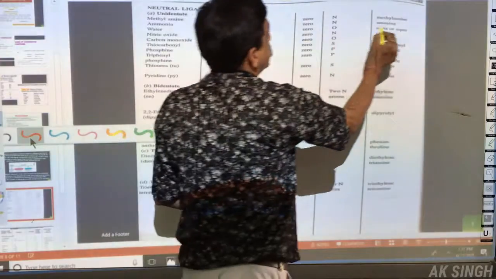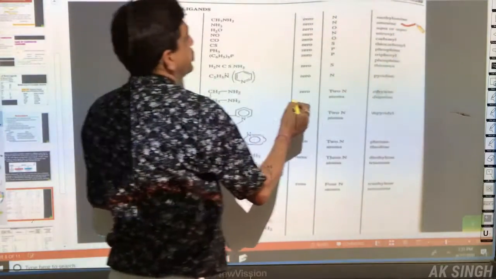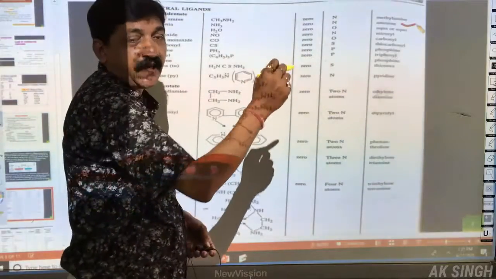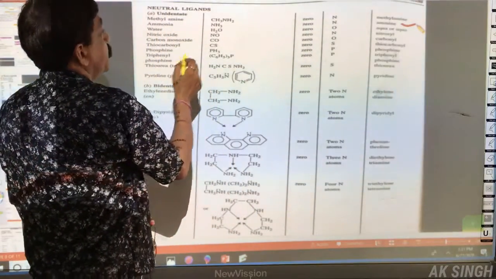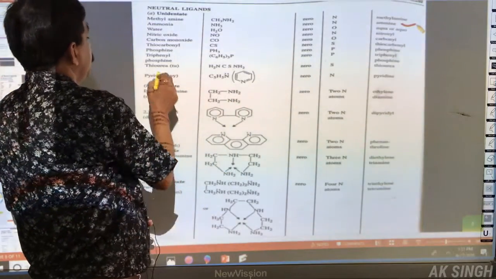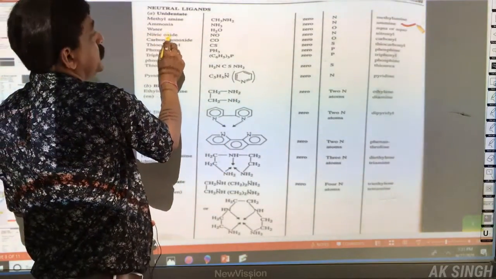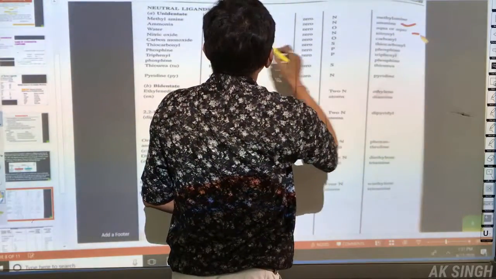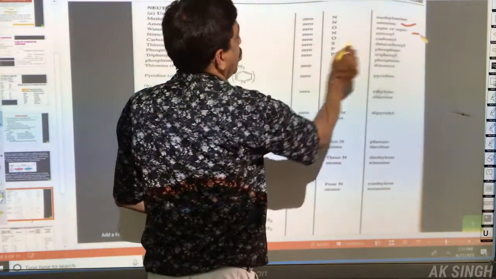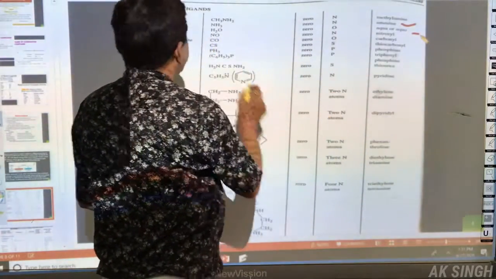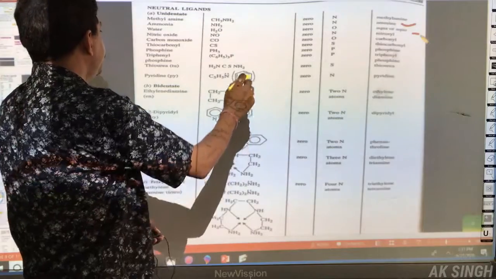Ammonia is represented as ammine. This is the charge, so you have to remove the charge also. These are the neutral ones, no charge. Water, aqua. Likewise NO, nitrosyl; CO, carbonyl; CS, thiocarbonyl; PH3, phosphine.